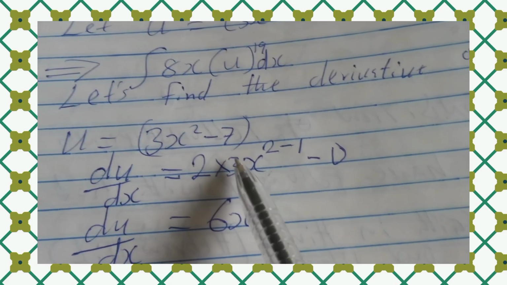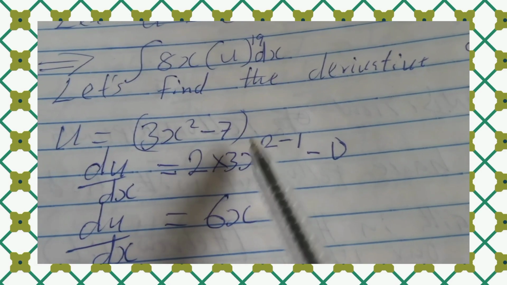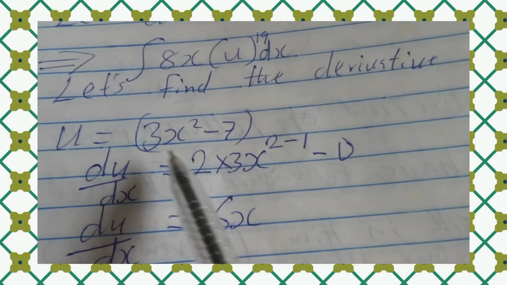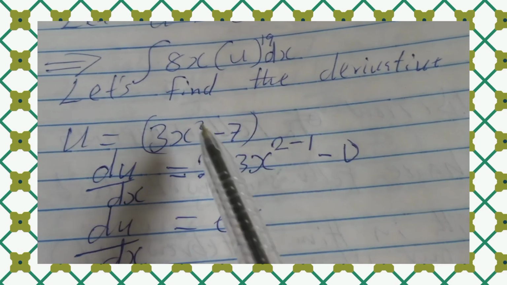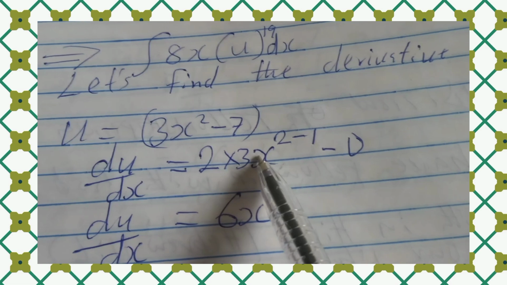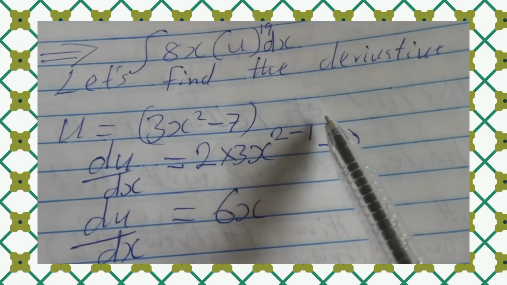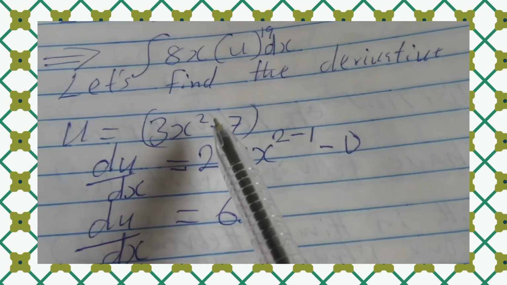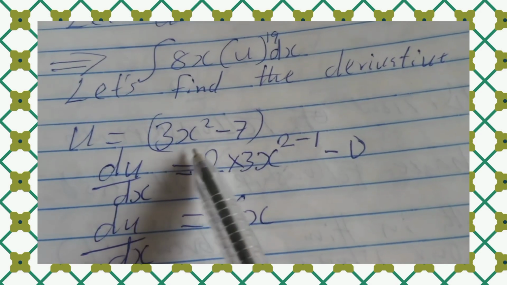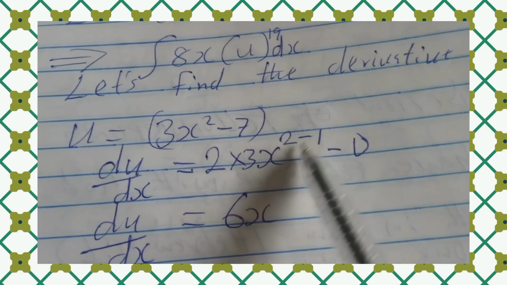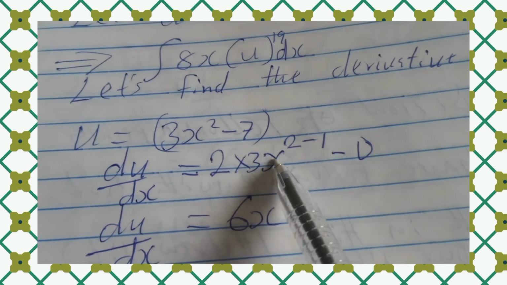So now we know that when we are deriving it, this power will multiply the function, which is 3x². So 2 times 3x raised to the power of 2, and the same 2 here, you subtract 1 from the power. That means we use this power to multiply the function 3x, that is why this 2 comes in front of the 3x by multiplying it.